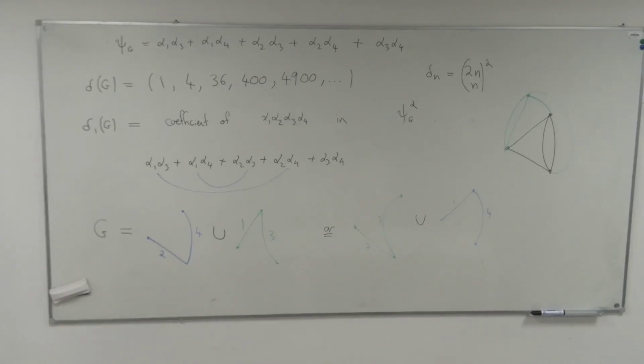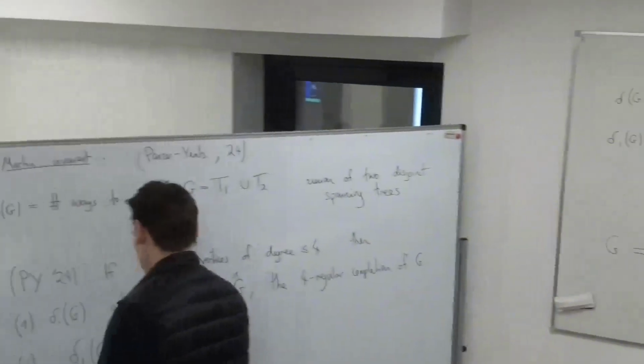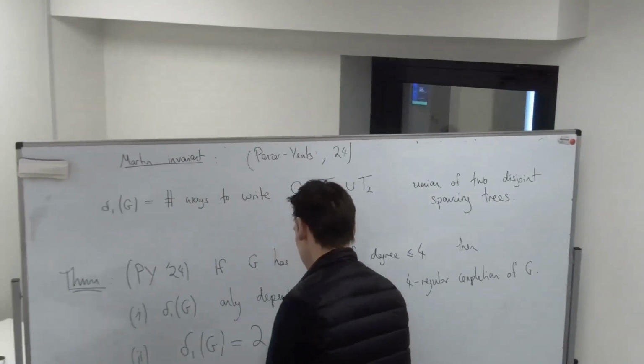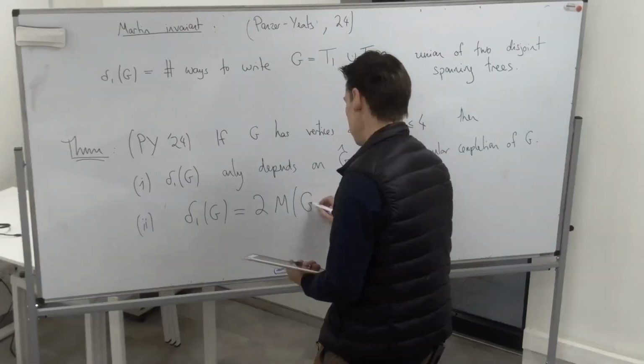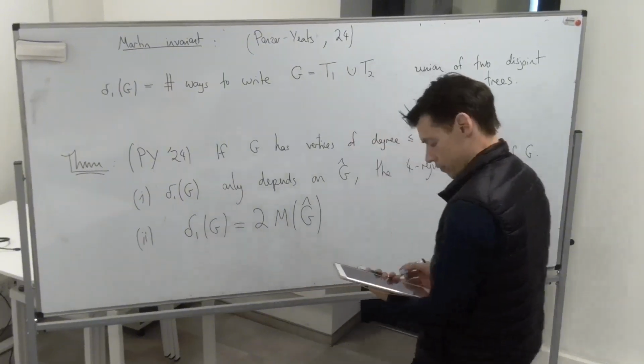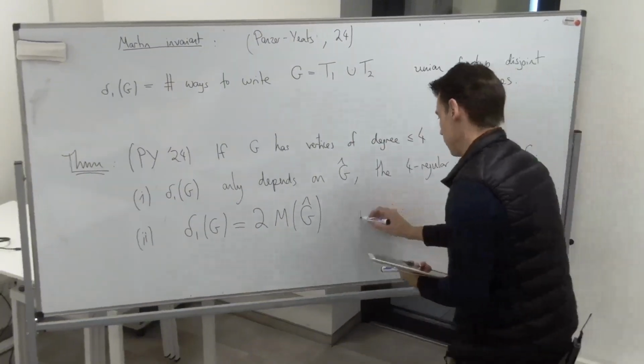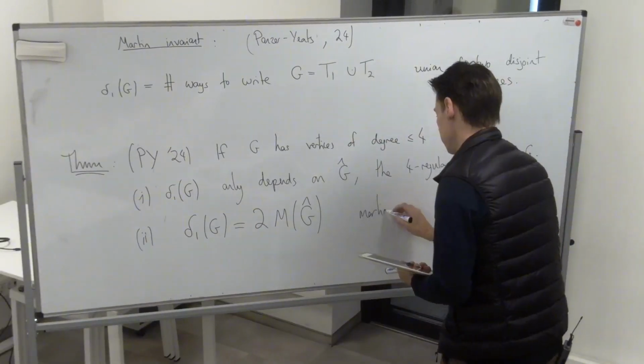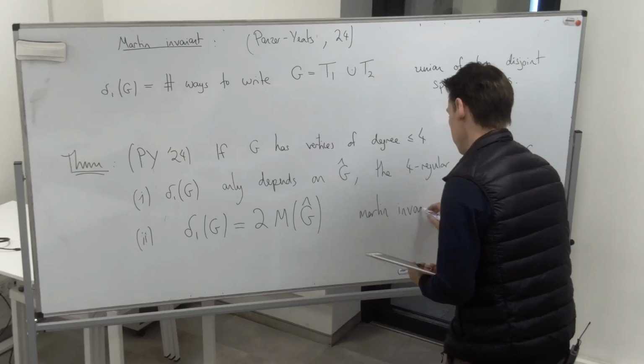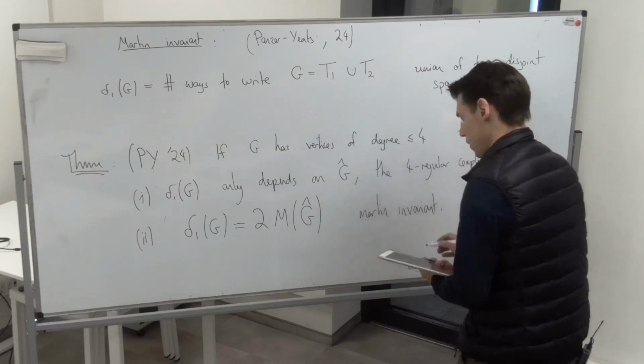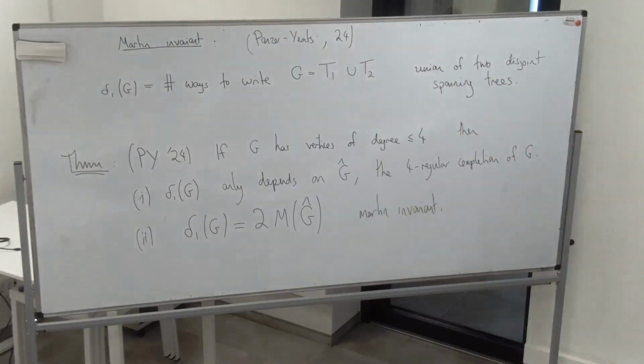And therefore, delta 1 of G is twice what they call the Martin invariant of the completion G hat. So let me tell you what this is. And it has some amazing properties.